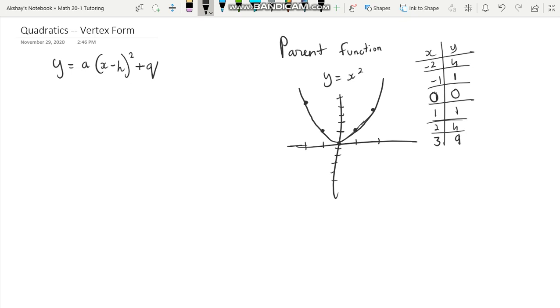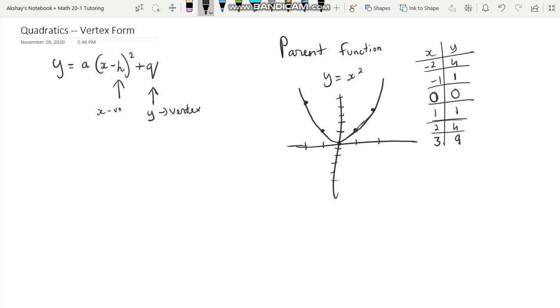Now we're going to be looking at the vertex form, which is another way of representing our quadratic function. Vertex form, as the name suggests, helps us give our vertex. Our q gives us the y coordinate of our vertex, and our h gives us the x coordinate.